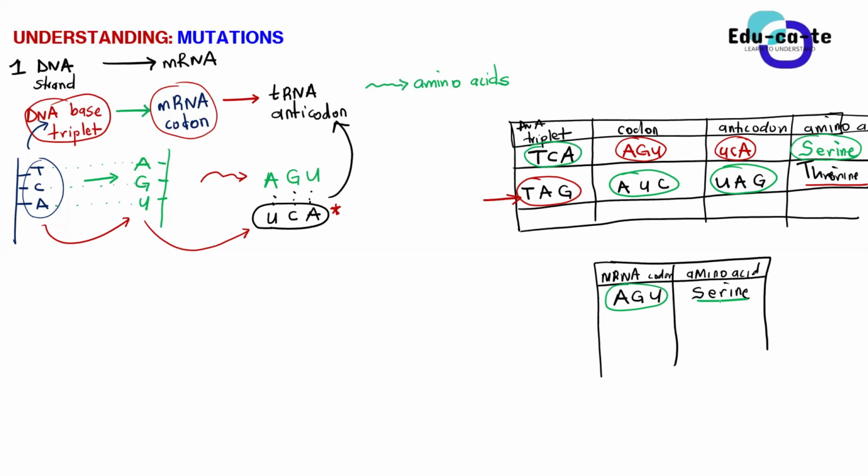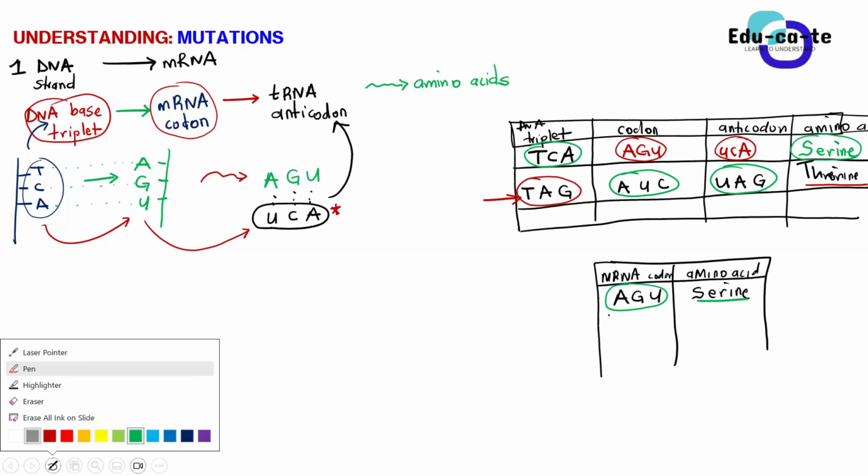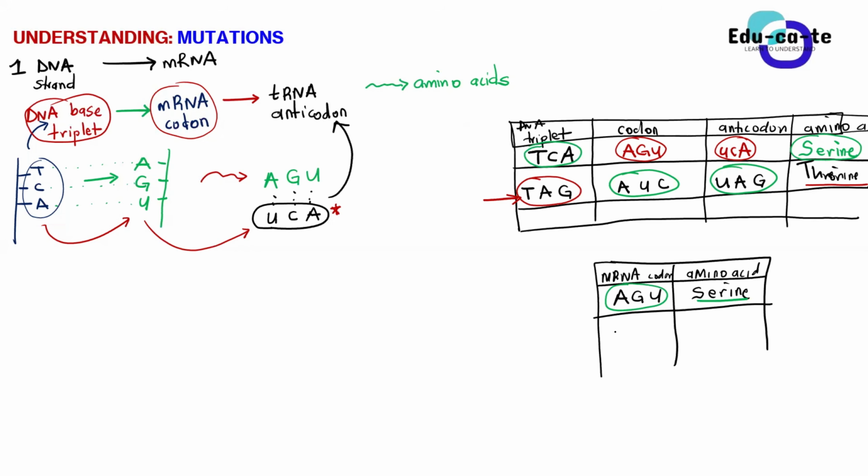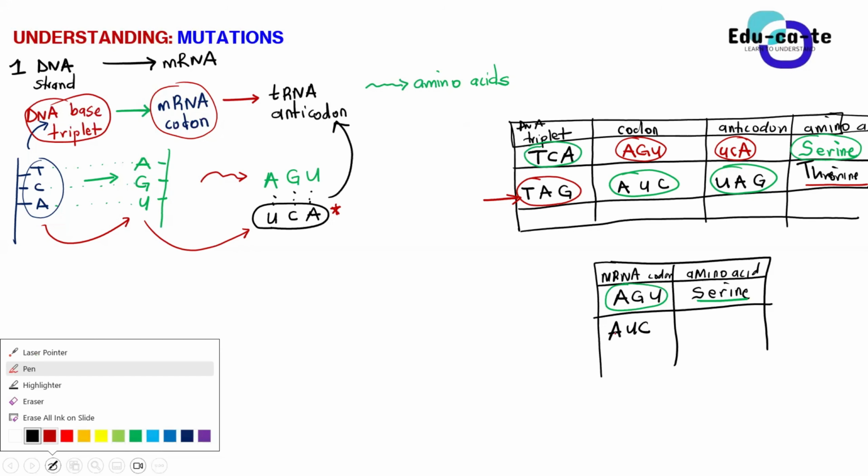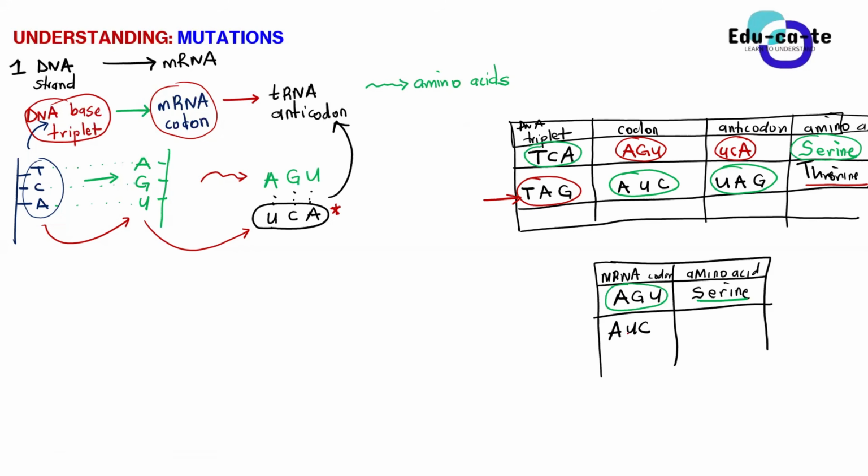Do you guys get the sense? Yes, sir. If they give you the codon AUC, this mRNA codon AUC will look for a tRNA anticodon, which is going to be UAG. And that tRNA molecule bringing that anticodon will have the amino acid 309.